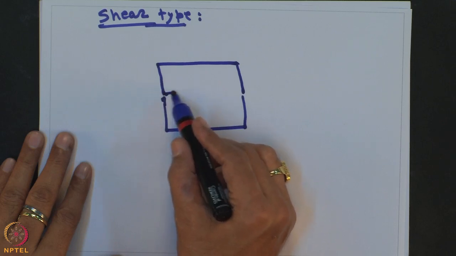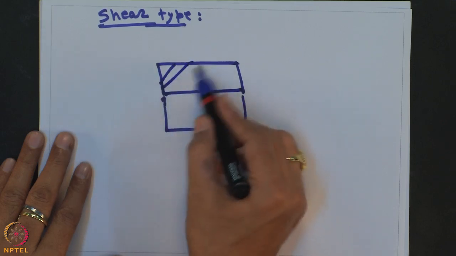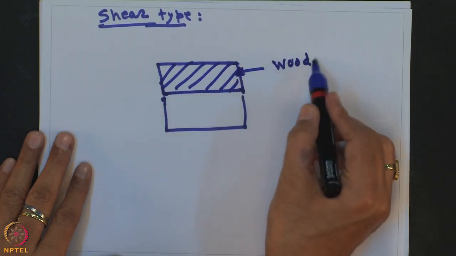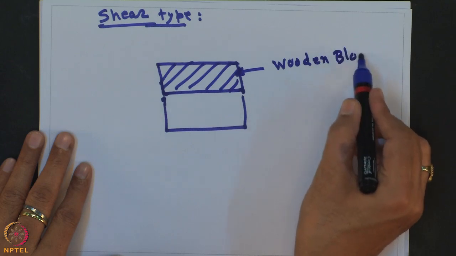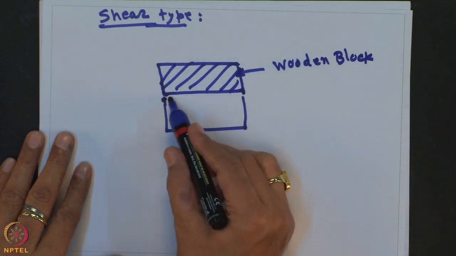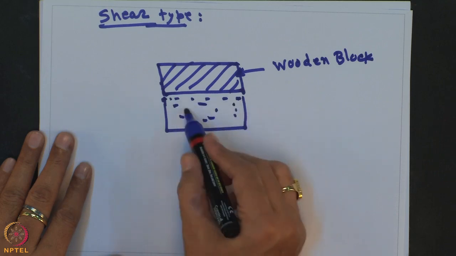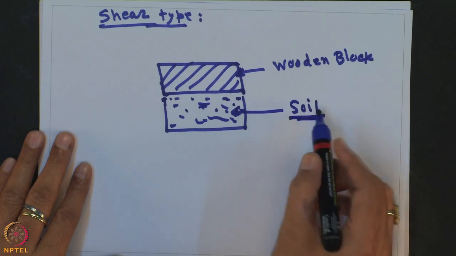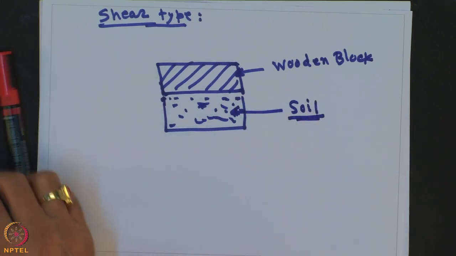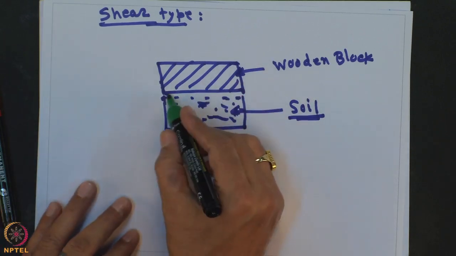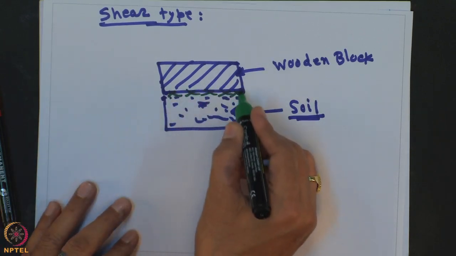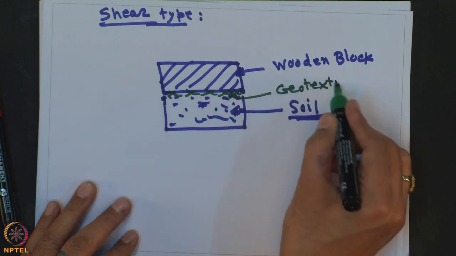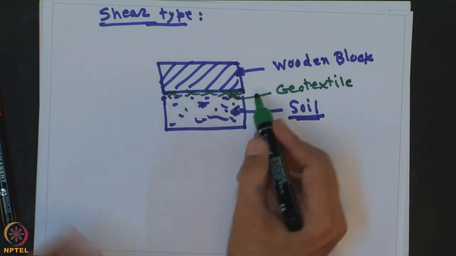Let us say this upper part is a wooden block, and the lower part is filled up with the soil. So, this is the soil. And geotextile is pasted on the wooden block. This is the geotextile, fixed with the wooden block.